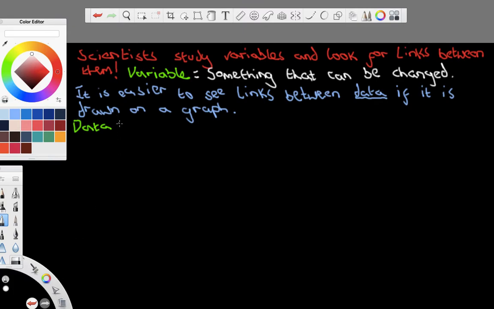Now, data in science can be defined as facts and statistics that can be collected for analysis.